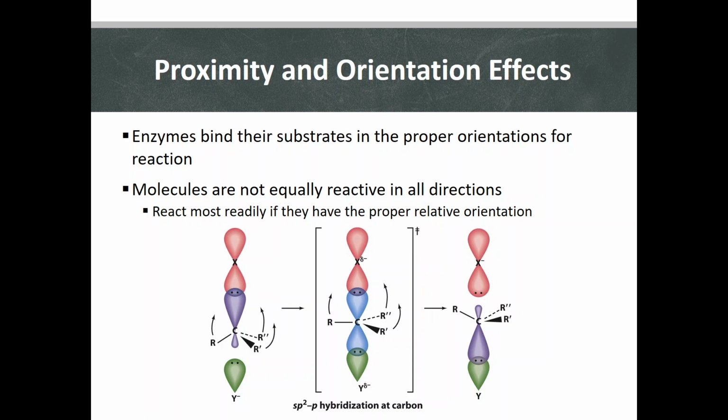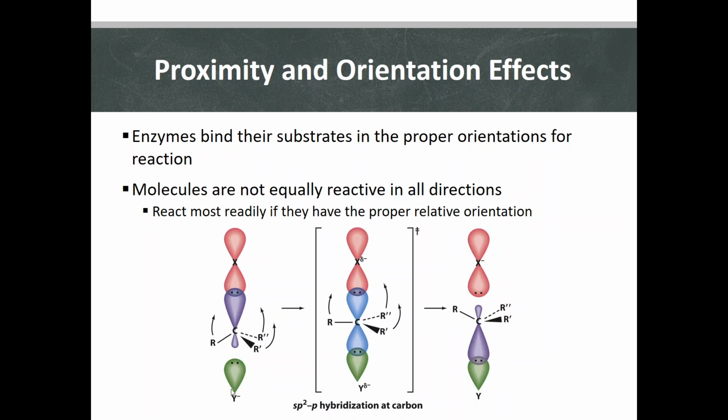In an SN2 reaction, a nucleophilic substitution reaction, type 2, the incoming nucleophile is going to optimally attack its target along the direction that is opposite to that of the bond of the leaving group. So here, you have an incoming group.